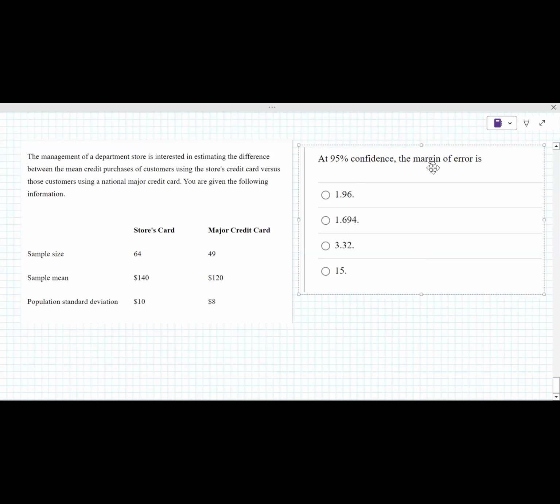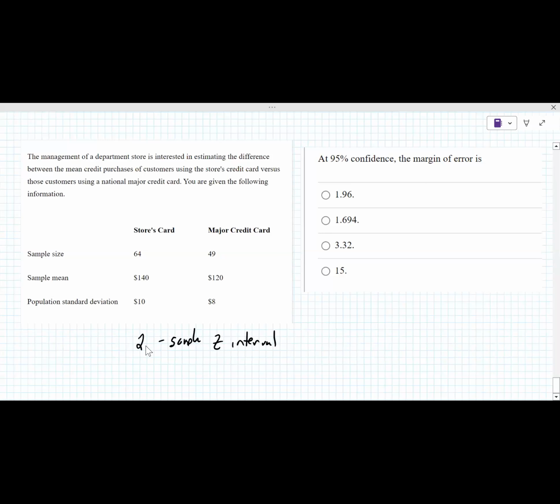Okay, so your calculator will do the confidence interval for you. This is a 2 sample, again, because there's the store card and the major credit card. Are they giving you the population standard deviation? Yes, so that's a Z interval.